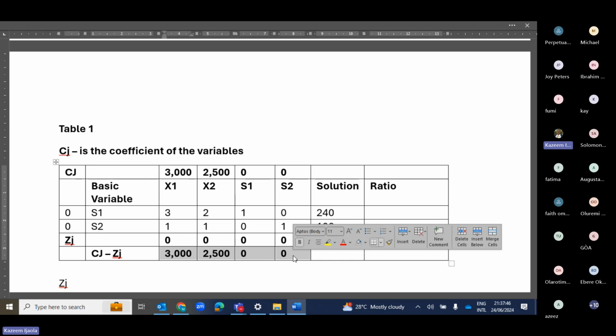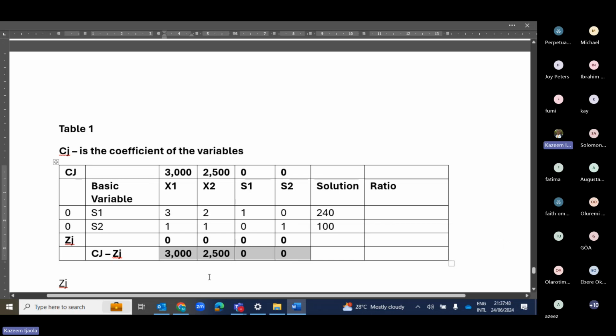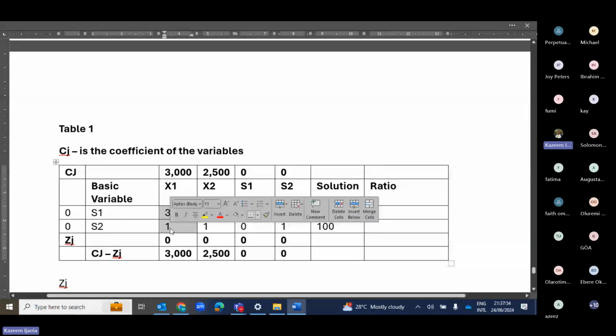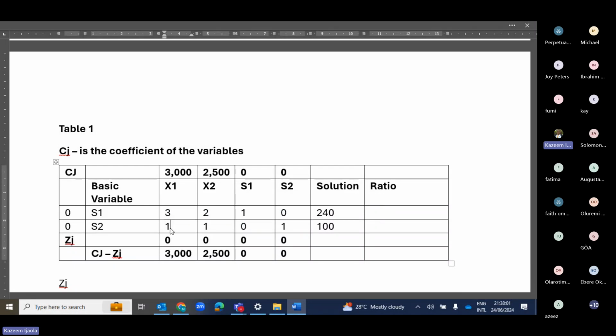So this 3,000 is our key column. It is known as a key column or pivot column.